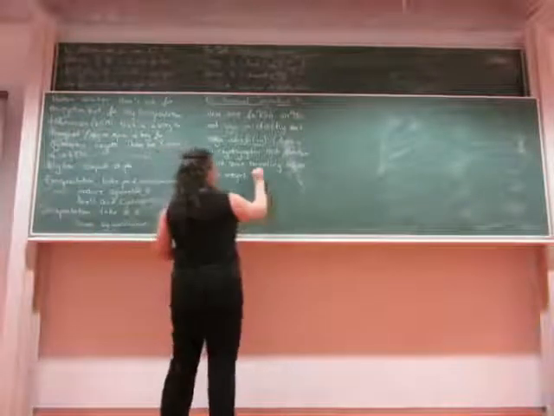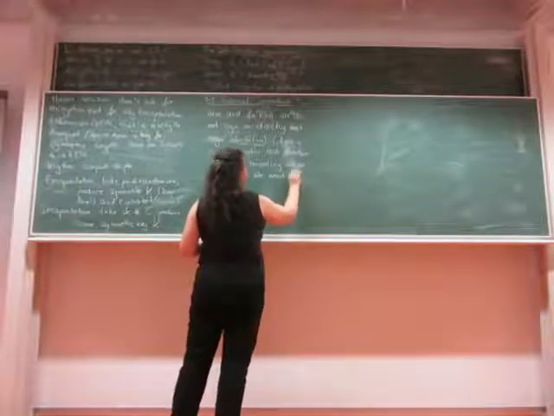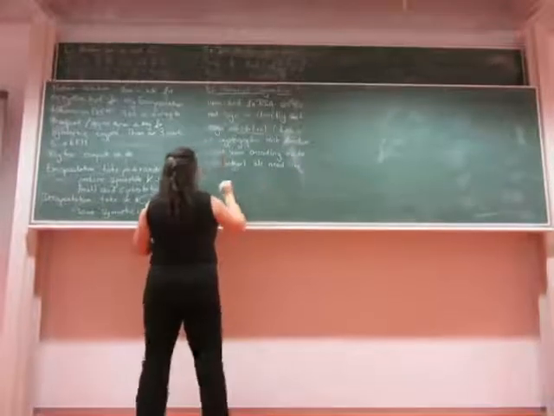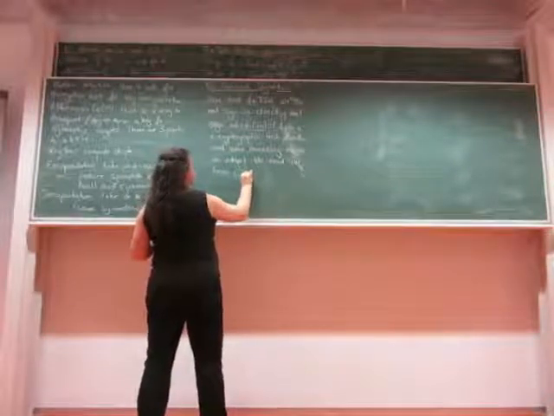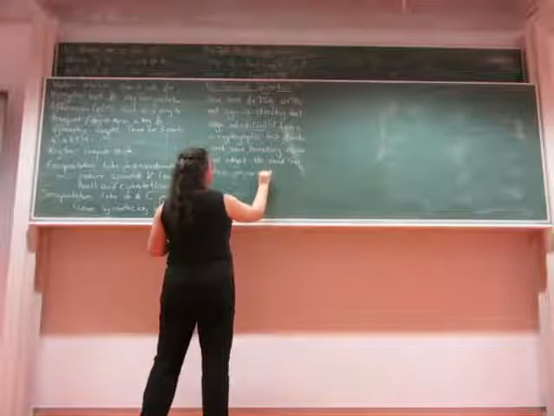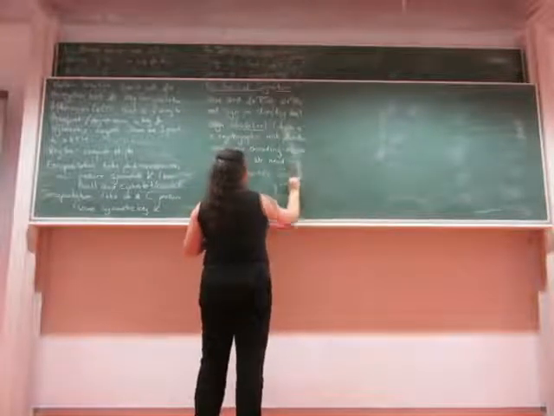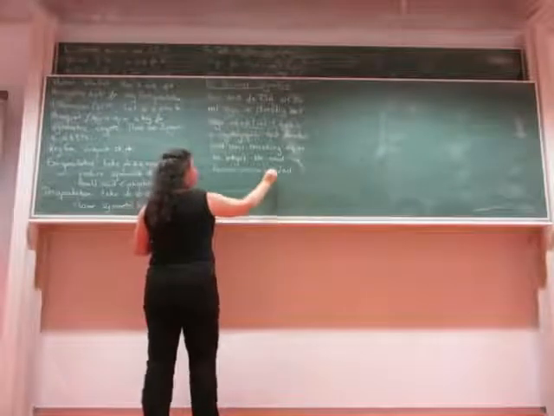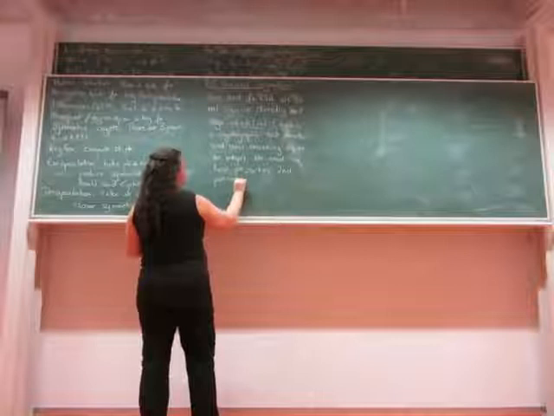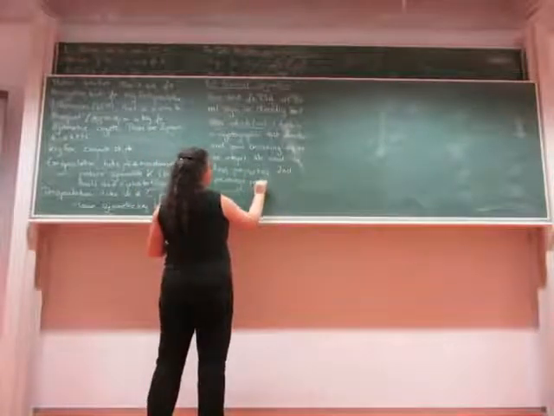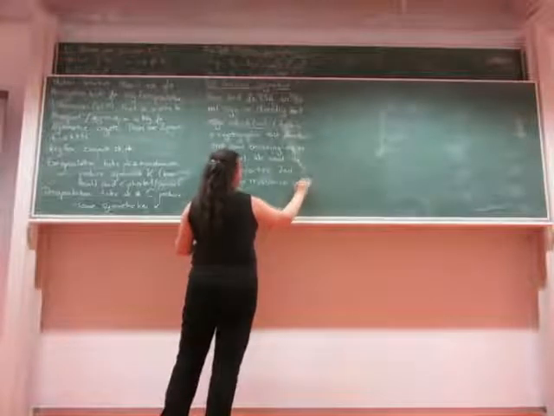So we need the hash properties: second pre-image resistance, and we need collision resistance.